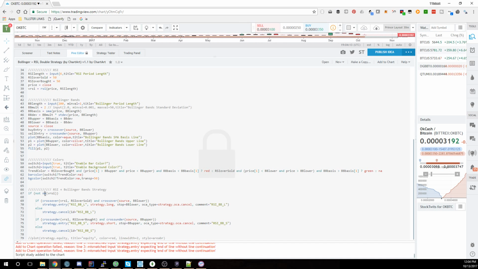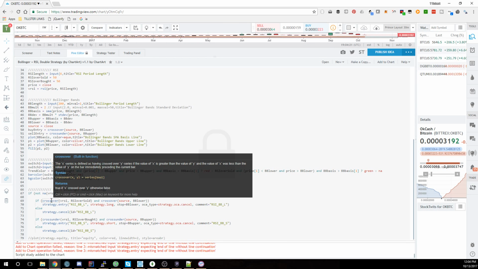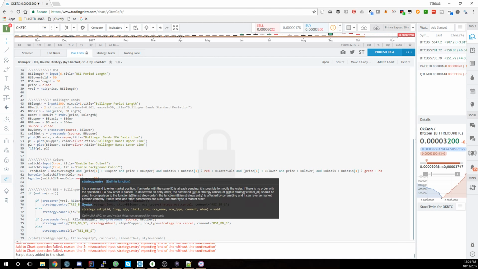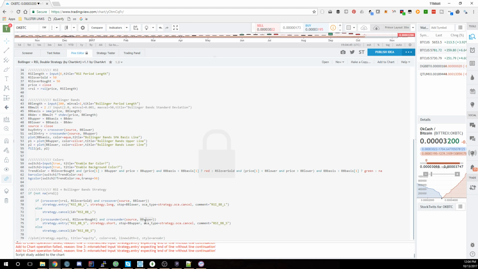Got to come in here and look at what it is that these functions are going to do for us. And then crossover. With crossover, we're looking for a Bollinger Band that's crossing and an RSI that's crossing at the same time. And if that's true, then we're going to go long. And otherwise, we're not. And if we are overbought on the RSI, and we're crossing under on the Bollinger Band, then we're going to sell.